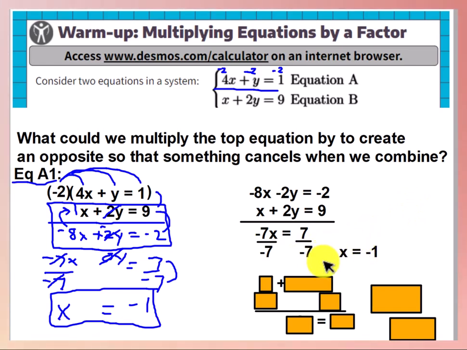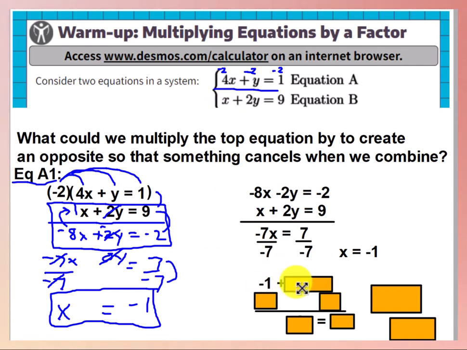Now what do we do with that negative 1? We're going to take it and substitute it back into either of the original equations, not the equations that we changed, but into the originals. So I'm going to use that second equation because it seems simpler. Substitute in negative 1 for x in that bottom equation.